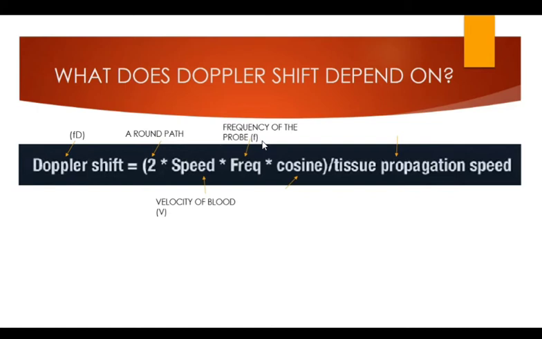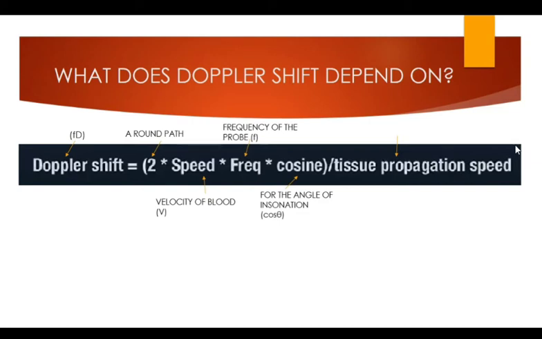Let's look at cosine. This is the cosine of the angle of inclination. So let's look at an example. If the angle is 90 degrees, then we know that the cosine is 0, because we've done that in our basic physics.